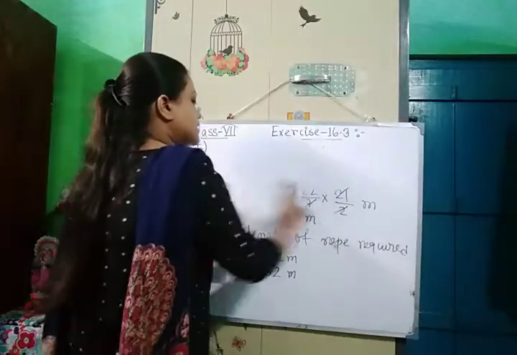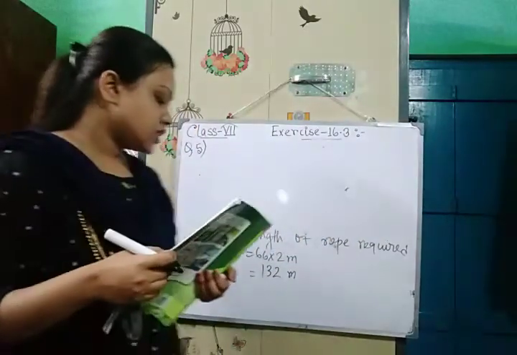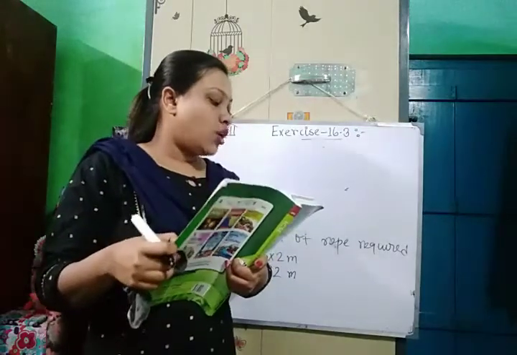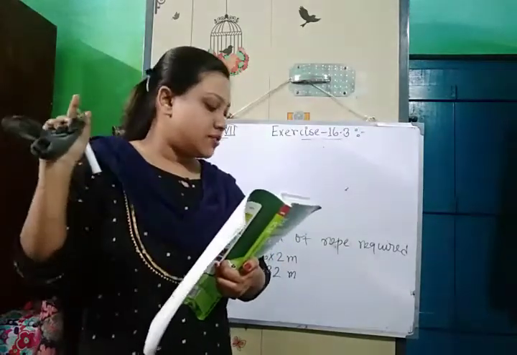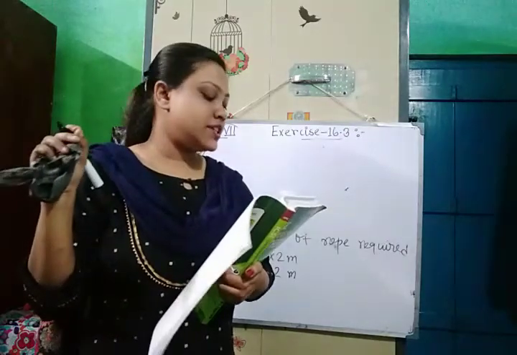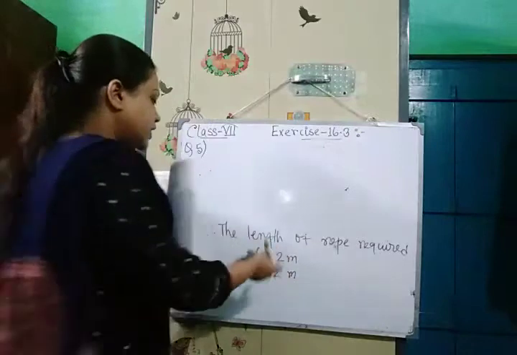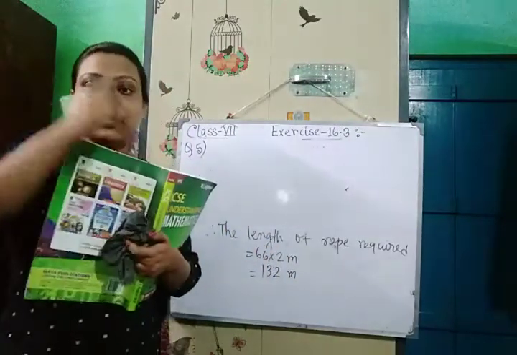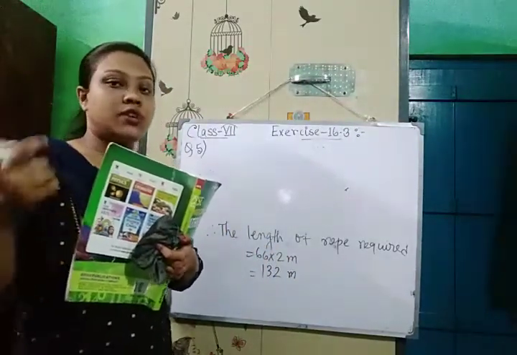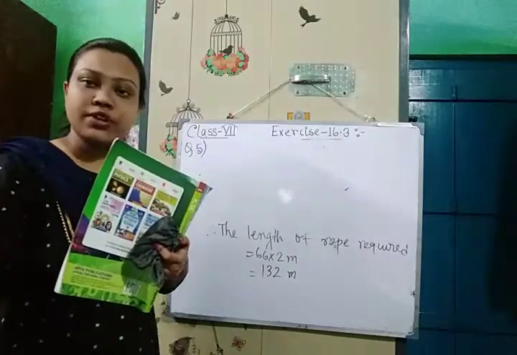Next question which is asked here, that is the cost of fencing the park, rate of cost is rupees 4 per meter. So we need 132 meter. Per meter rupees 4. So 132 meter rupees 4 into 132.